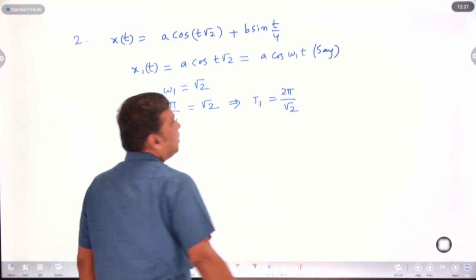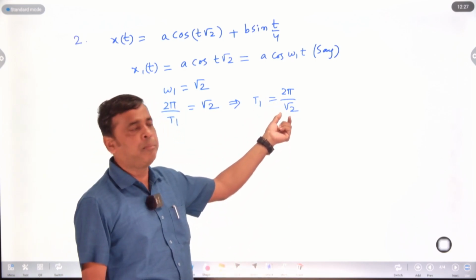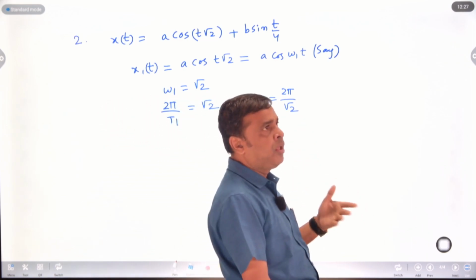Clearly, root 2 is an irrational number. Since root 2 is an irrational number, it is not a periodic signal. So in the next step, you need not proceed.